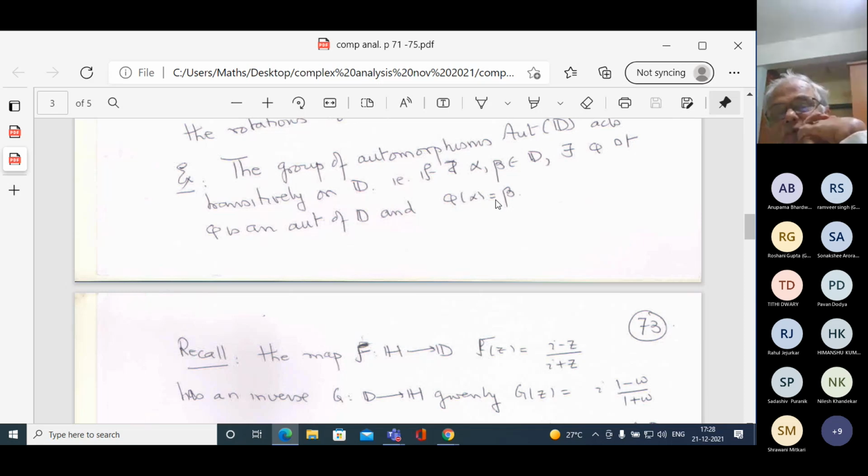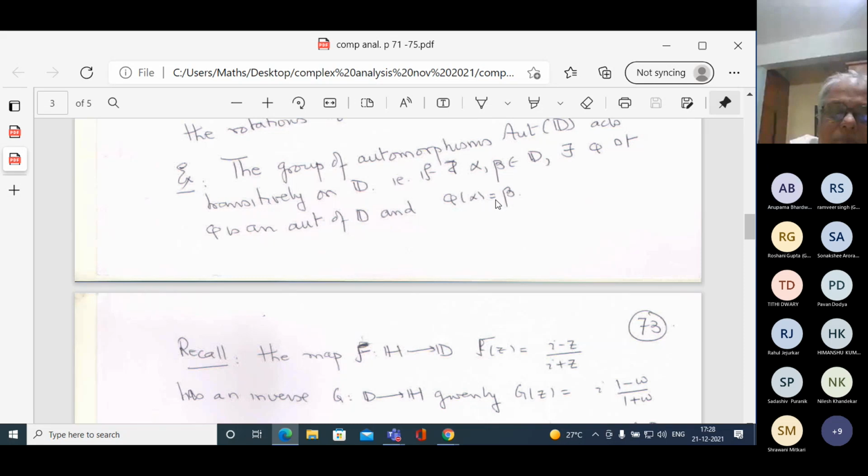So we have this map. The point is that, given that we know the structure of the group of automorphisms of the disk, can we say something about what the group of automorphisms of the upper half plane looks like?